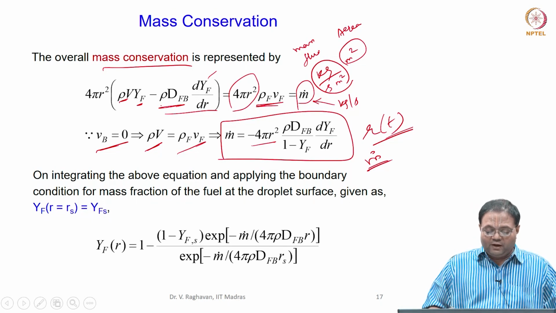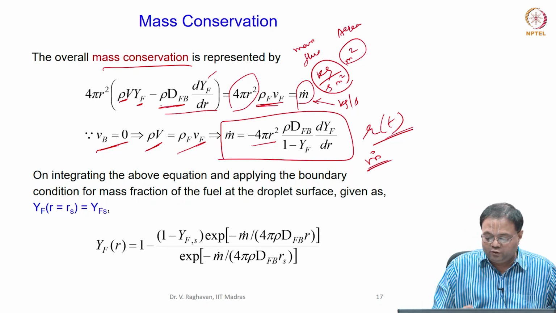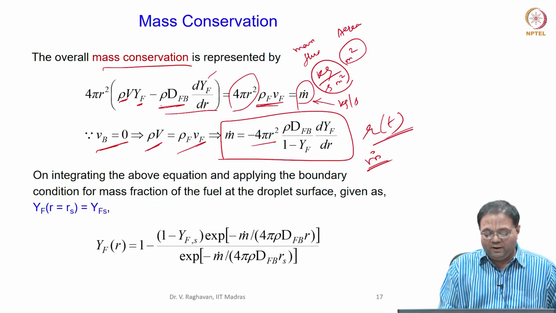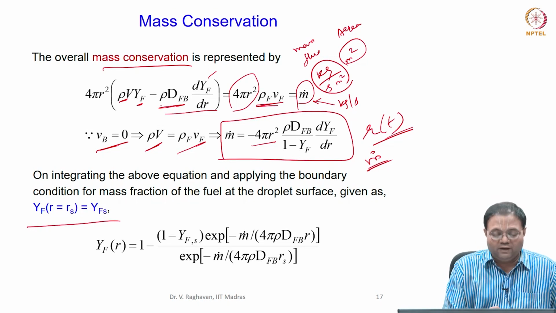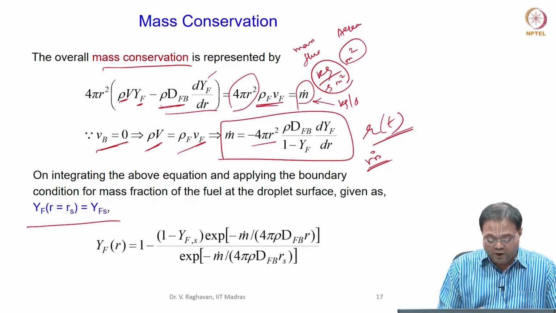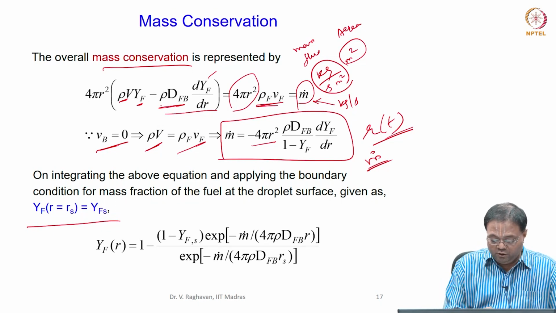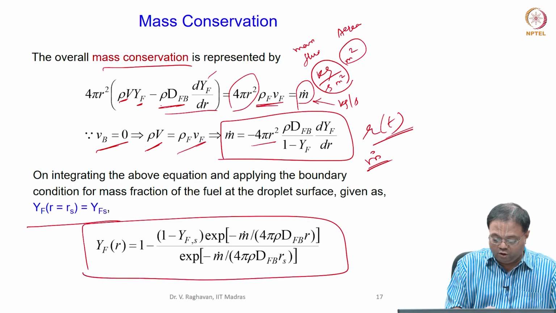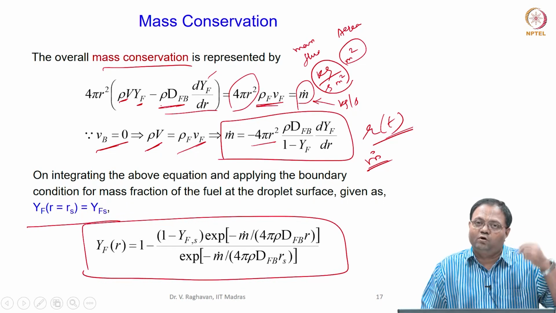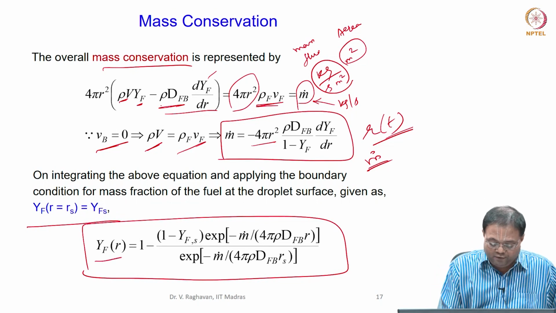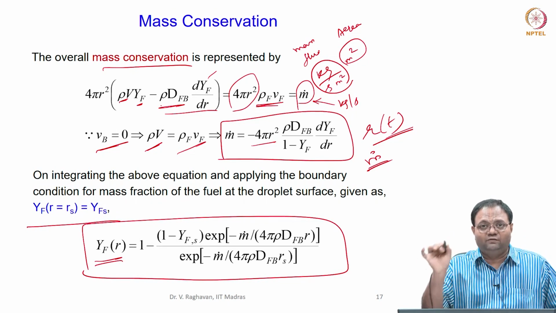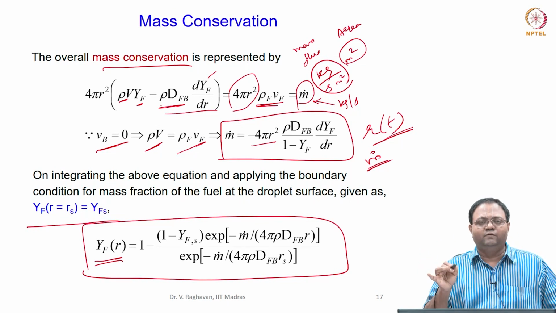So, keeping that in mind, we integrate this equation and apply the condition at the interface, Yf of r equal to Rs is Yfs. If you apply that condition, you will get a slightly more complicated expression than what we saw in the Cartesian one dimension. Here, in the spherical case, you get this expression. So, Yf at any radius in the gas phase, please understand, we are not interested in the liquid phase.